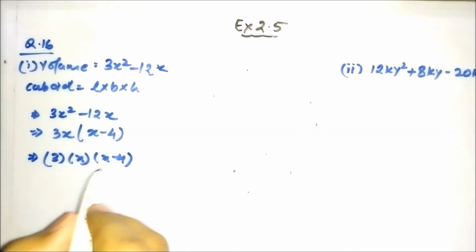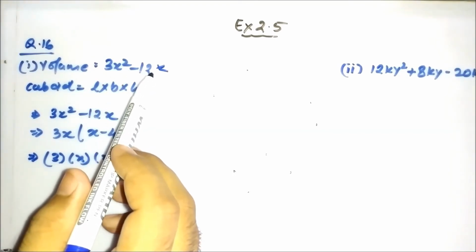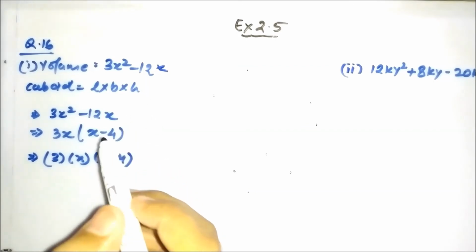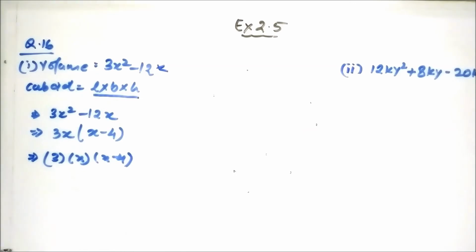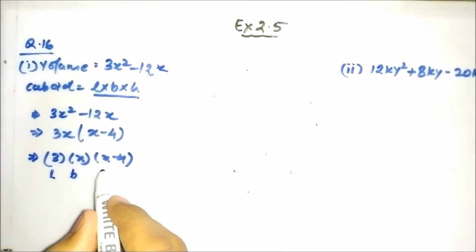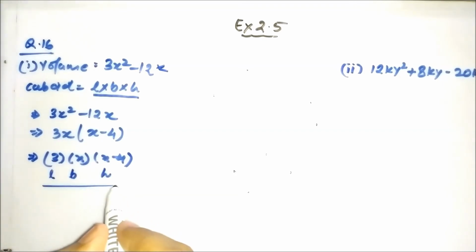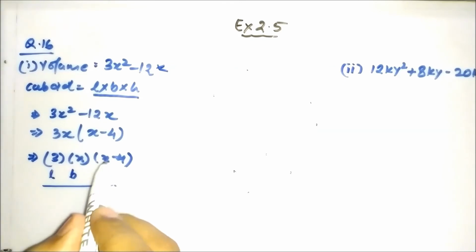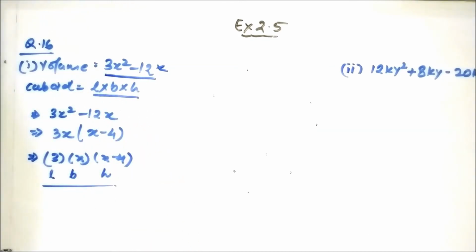So these are the three factors which we can get after breaking 3x square minus 12x. I hope you understood. Now this is the volume and the three factors are length, breadth and height. So we can consider this as length, this as breadth and this as height, such that when you multiply them, we'll get the volume of the cuboid, that will be 3x square minus 12x.